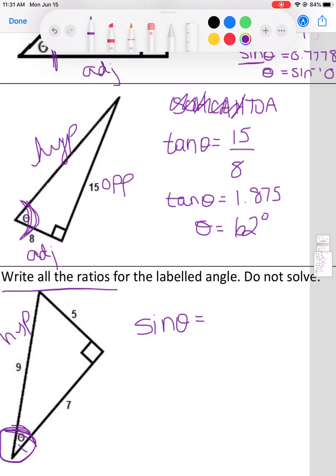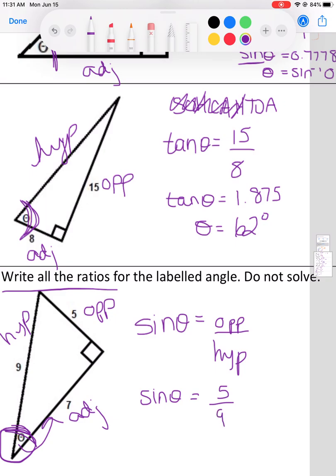Here's our angle, so that means this is my adjacent. This is my opposite. So sine theta is equal to 5 over 9. That's all I have to do.